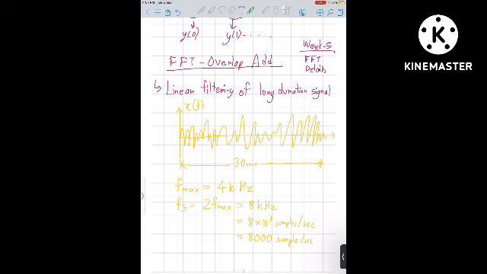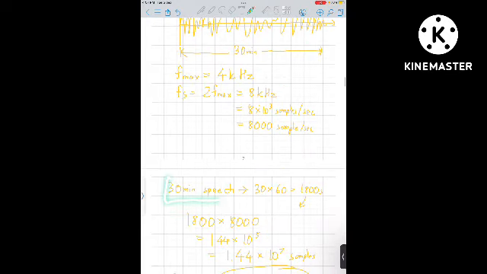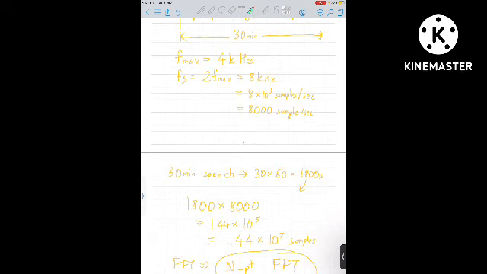Now for a 30-minute speech, how many seconds is that? 30 times 60, which is 1800 seconds, and that implies 1800 times 8000 samples, bare minimum.